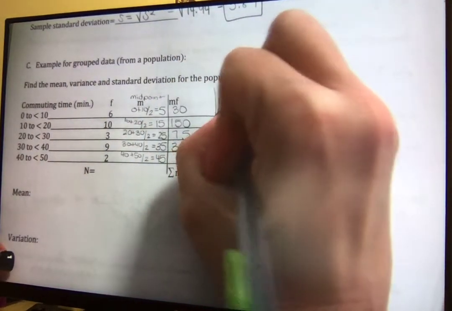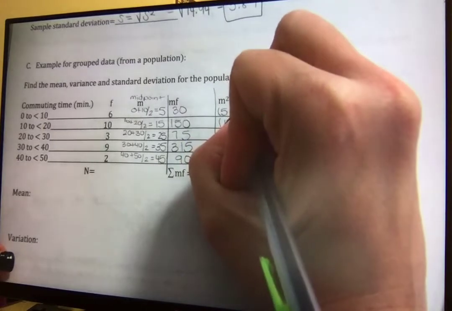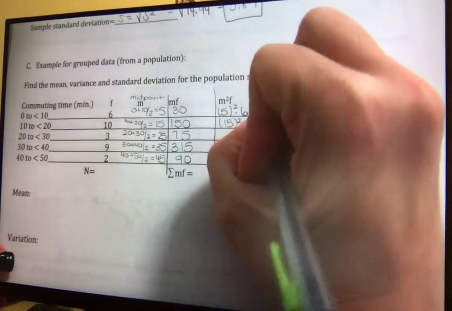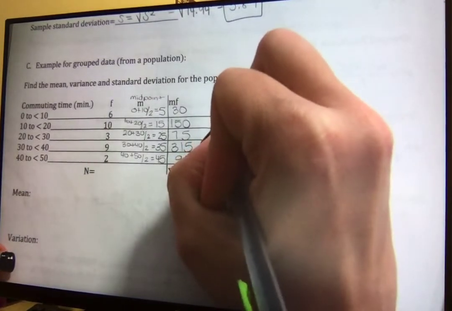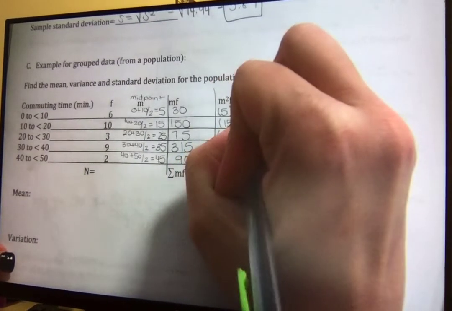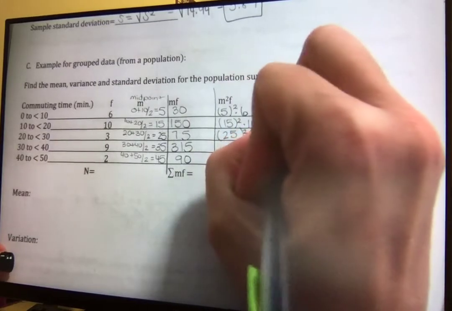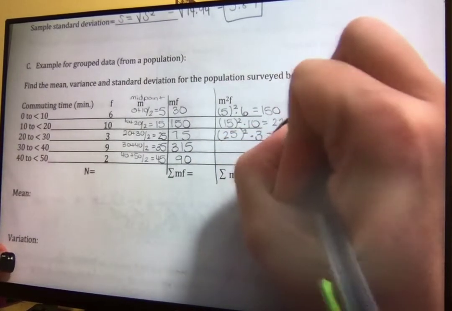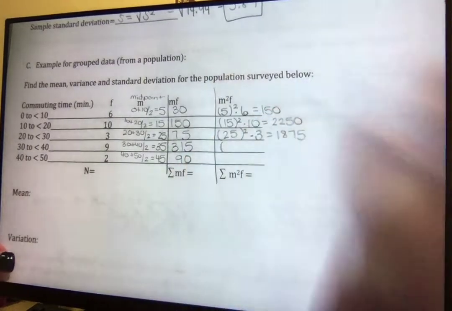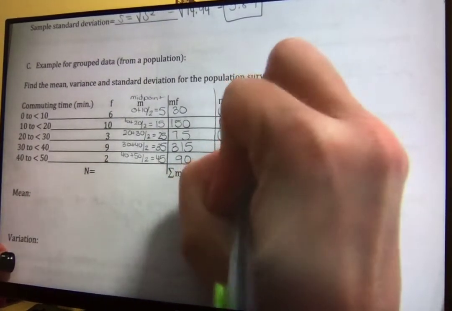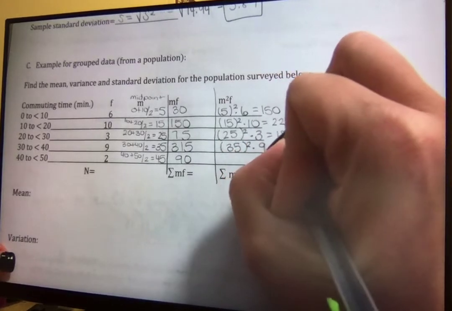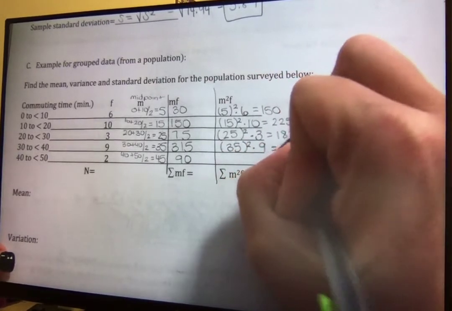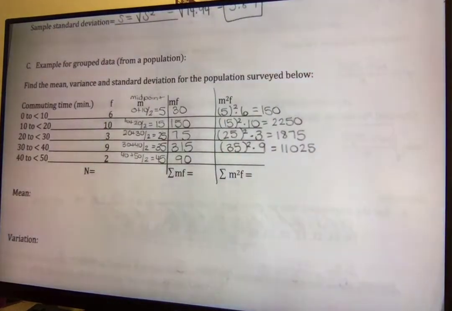Going down our list, 15 squared times 10 gives us 2250. 25 squared times 3 is 1875. 35 squared times 9, putting that into our calculator, we get 11,025.